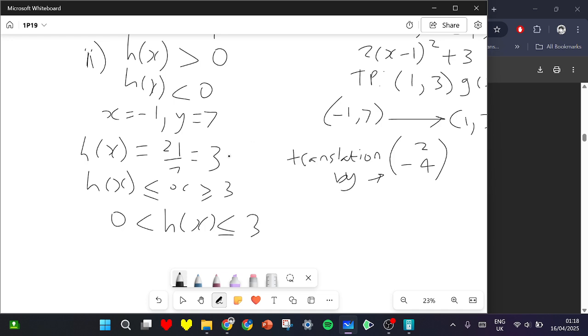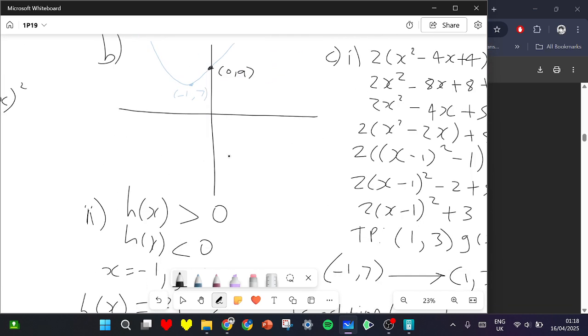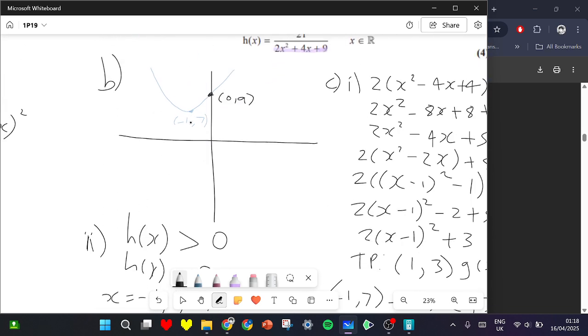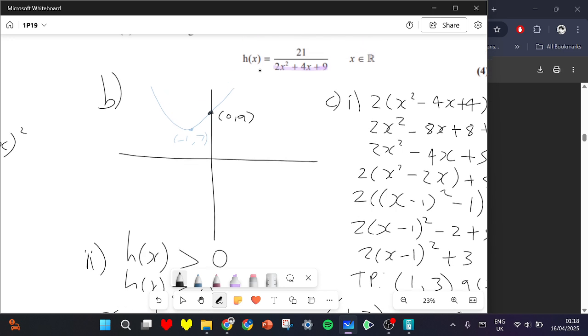I think that's it. If you're not sure though, as you can see here, when x is anything else, not minus 1, you're always going to get a y value that's more than 7, right? So if you wanted to check this, you can just do 21 divided by any number that's more than 7. For example, you could do 21 divided by 9.